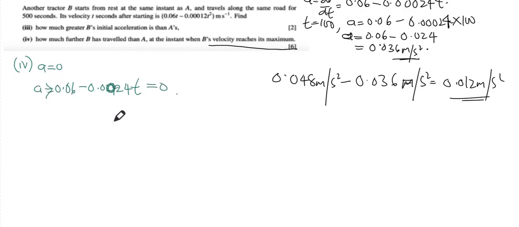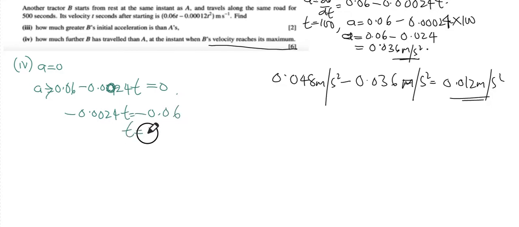So find t when B's velocity reaches maximum. To do that, equate to 0. So negative 0.00024t equals negative 0.06.